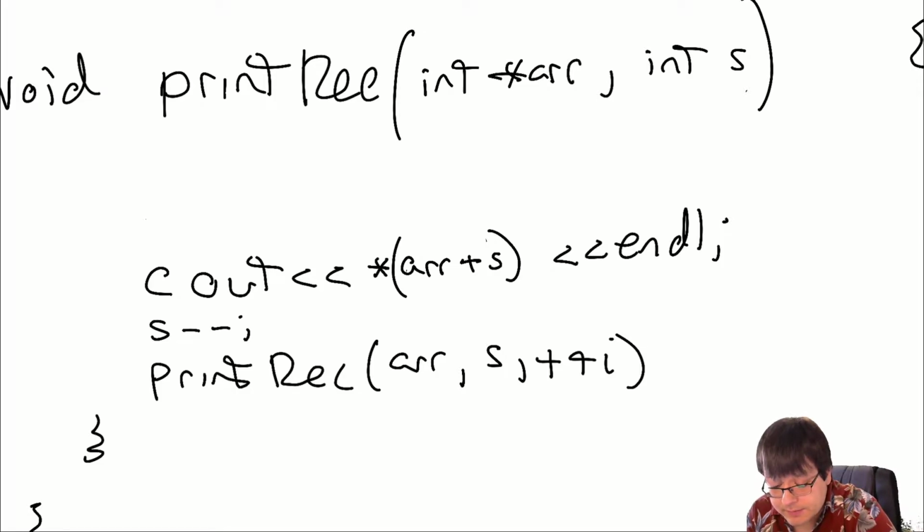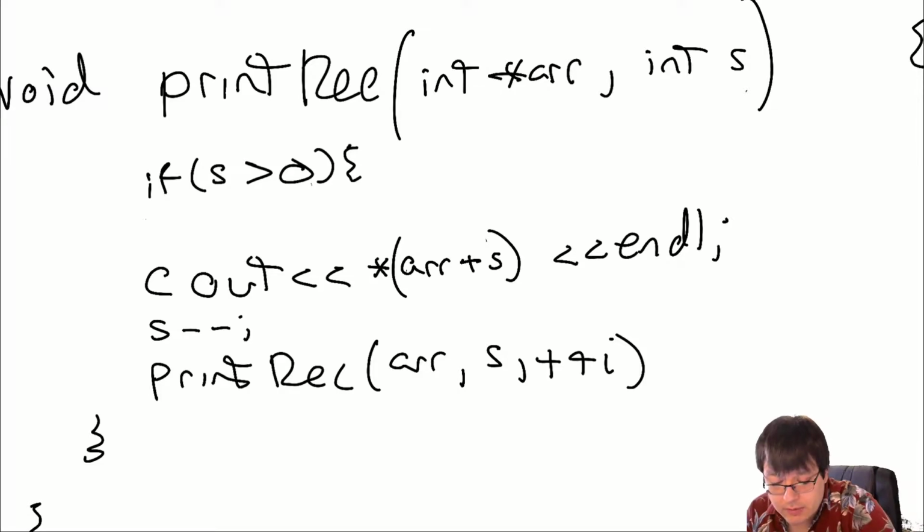Then we need a way of stopping it. Again, we could say if S is less than 0, return, like that. Or better yet, we can simply say if S is greater than 0, and then just have our code like that.